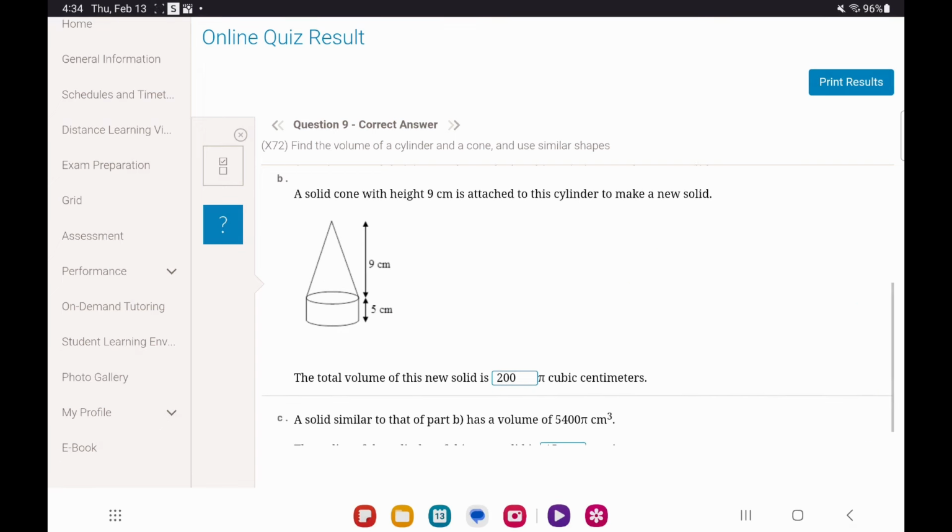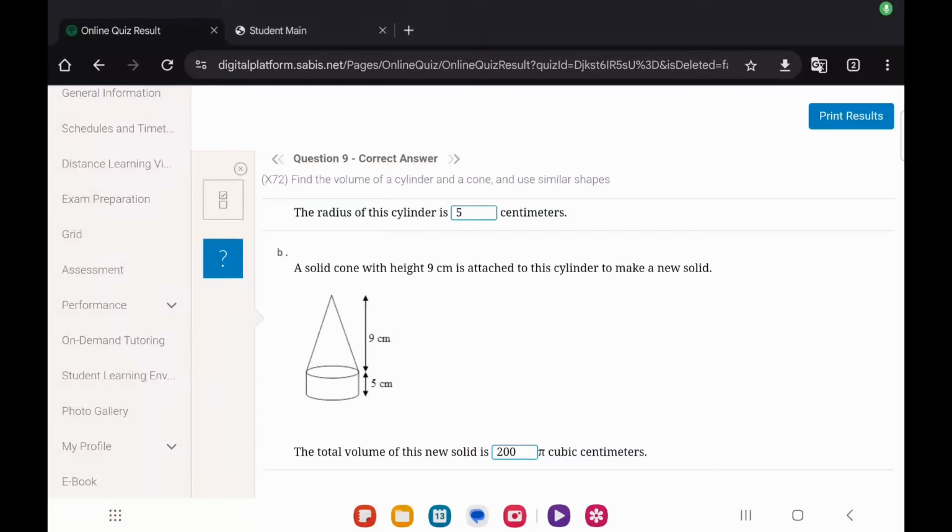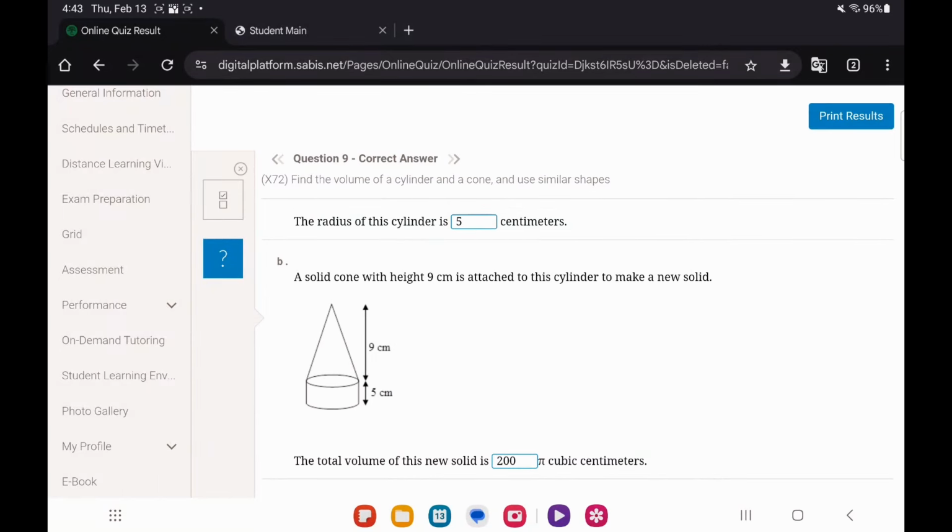Okay, the second part is a bit more complicated. There's another rule for volume, but this one's for cones. The rule for cones is 1/3 pi r squared times height.